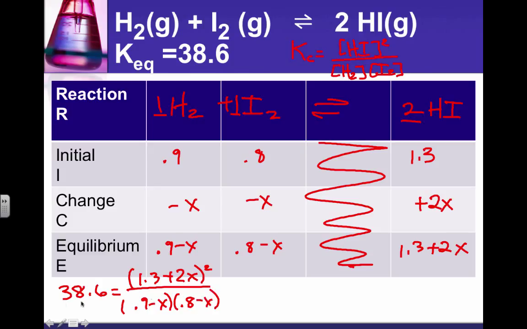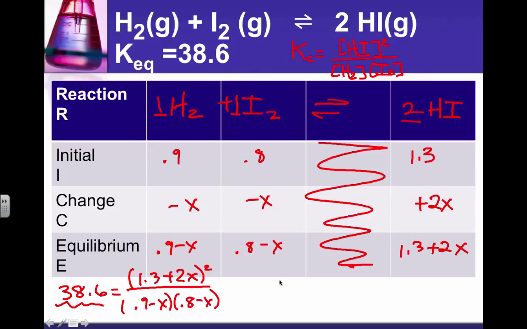The problem is, with this value of 38.6, we can't safely assume that the value of x is going to be really small. And so I couldn't say 1.3 plus 2x is essentially the same as 1.3. That's not a valid assumption anymore because my K is too big. So we're going to put this in the solver, in your calculator.